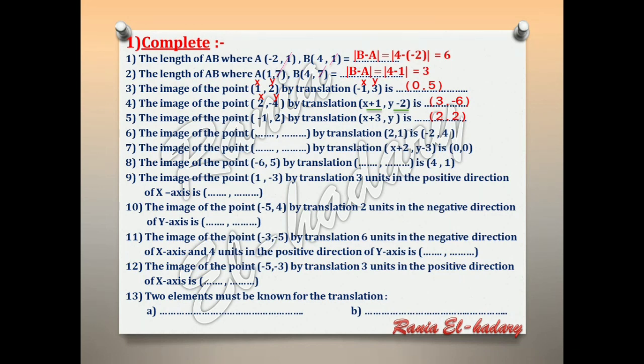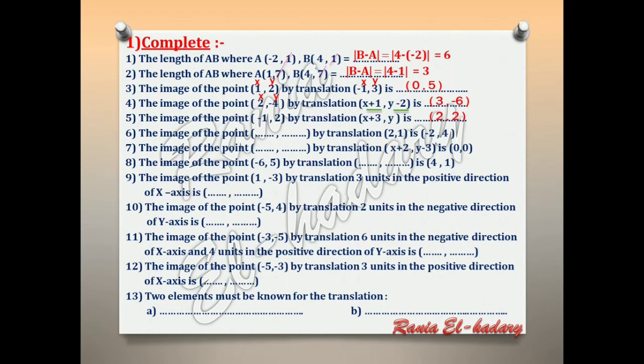Number 6: the image of the point by translation (2, 1) is (-2, 4). So we have translation (2, 1) and the image is (-2, 4). We want to find the point, so doing what?